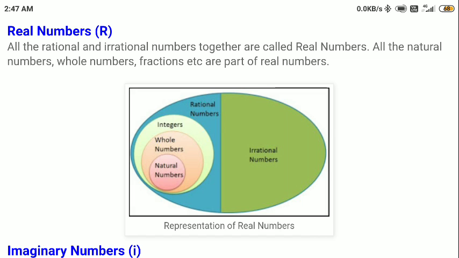So in the circles, the natural number circle, whole number circle, integer circle, and the other area shaded blue is used for fractions. All the fractions and full numbers combined we can call rational numbers, and along with that we also have irrational numbers. The sum of rational and irrational numbers is called real numbers. So this green color and this blue and the circles inside it combined is called the real numbers.